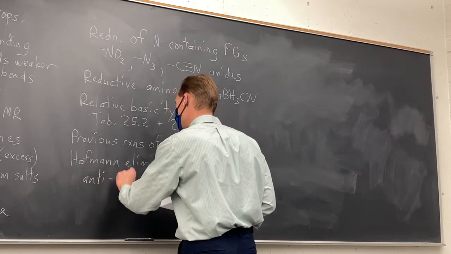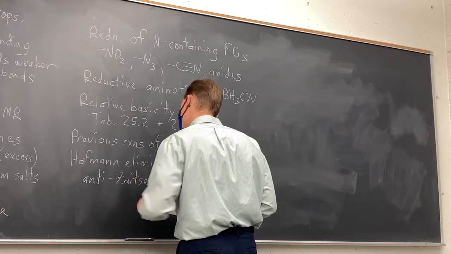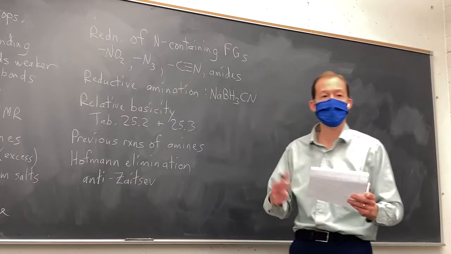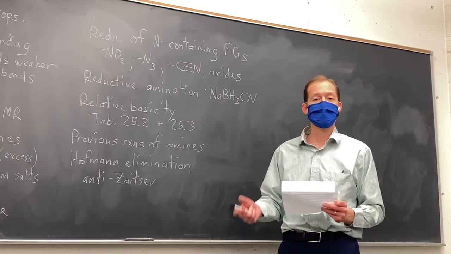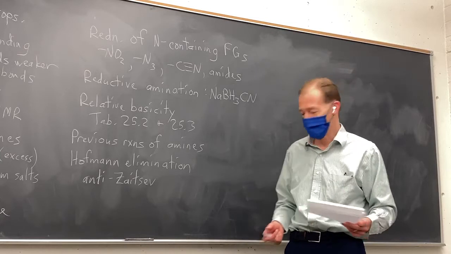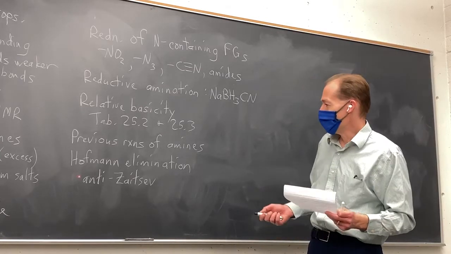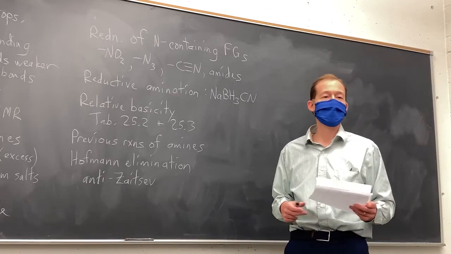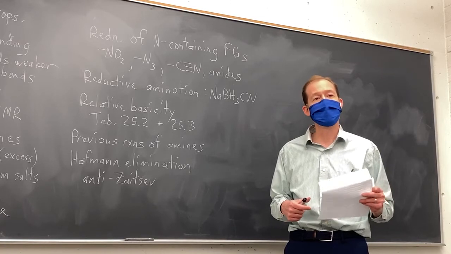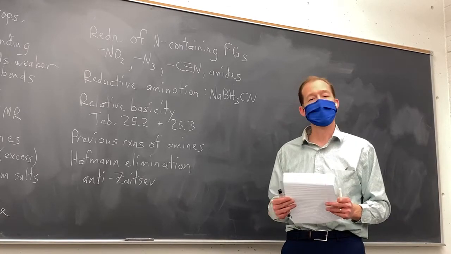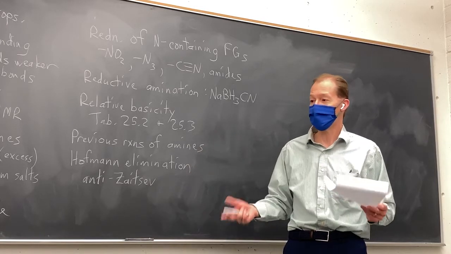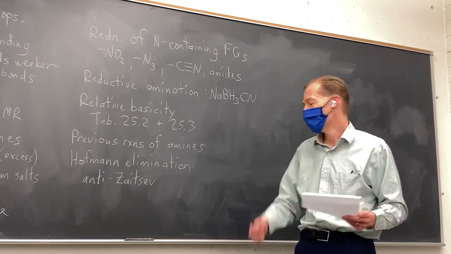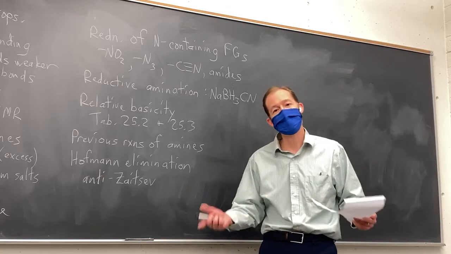Zaitsev's rule told us that the more substituted alkene is the major product, and that happens in dehydrations and in dehydrohalogenations, but not in Hofmann eliminations. In Hofmann eliminations, the less substituted alkene is the major product. We explained why that is, and we showed you a figure in class that's not in our textbook, but you should take a look at it on Learning Suite and understand it.